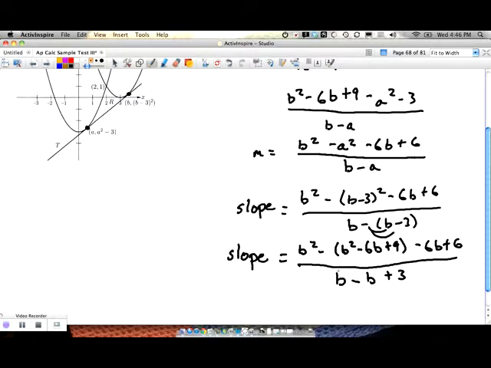Now, a bunch of stuff is going to cancel out, so watch carefully. B squared minus b squared. Negative 6b is positive, minus 6b, so that's going to be gone. And then this negative goes over to this negative 9. So then I have a negative 9 plus 6.